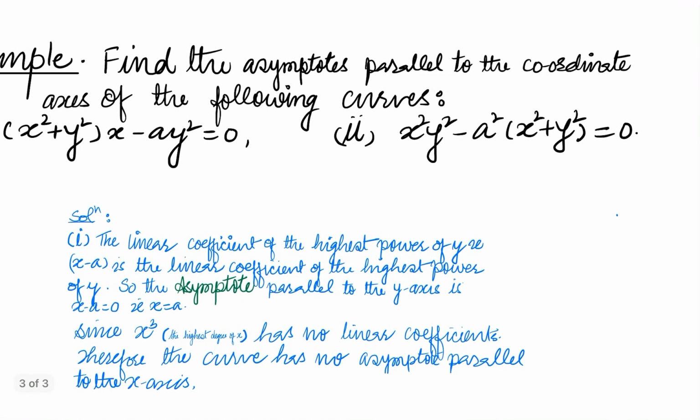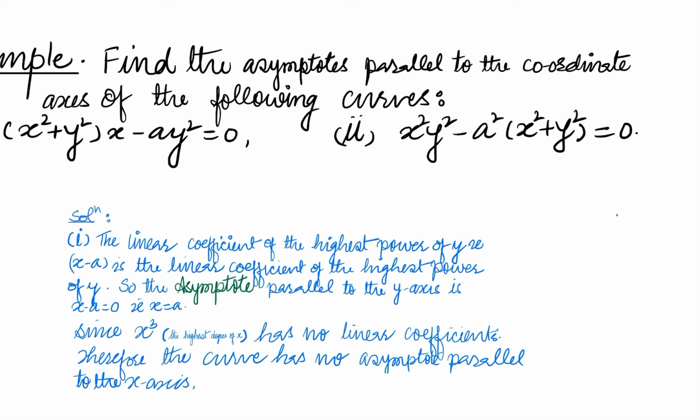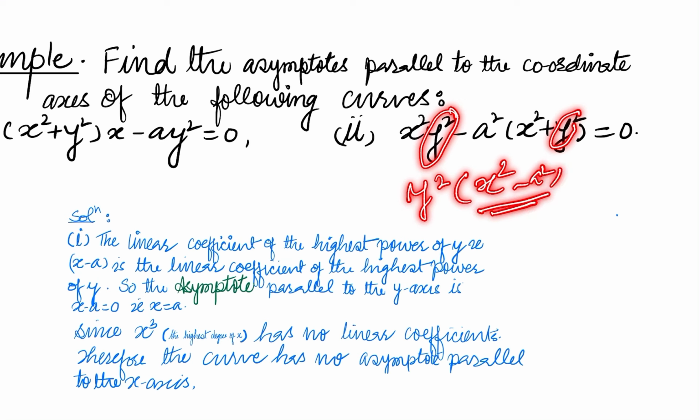Similarly, let's find the asymptotes parallel to the coordinate axis for the second curve. Here the highest degree of y is y square, so you can take y square common. The coefficient is x square minus a square, which is the linear factors x plus a and x minus a.